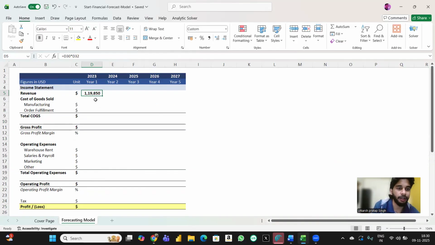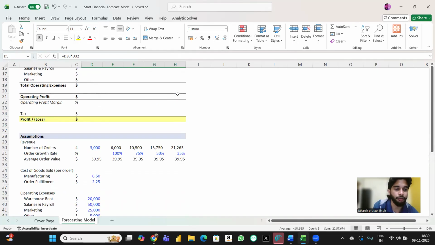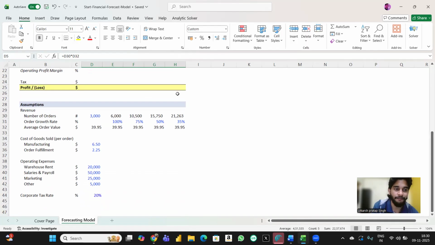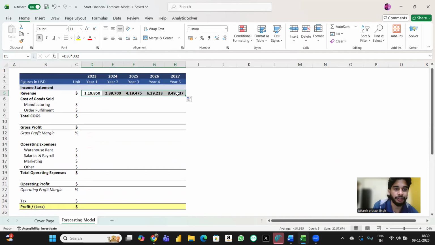This is the first year revenue, which is 1,19,850. When we drag this to the next 5 years, we can see what the revenue would be if there is no change in the average order value and there is a certain change in the order growth rate. So there is a steady decline in the revenue growth for that particular year.